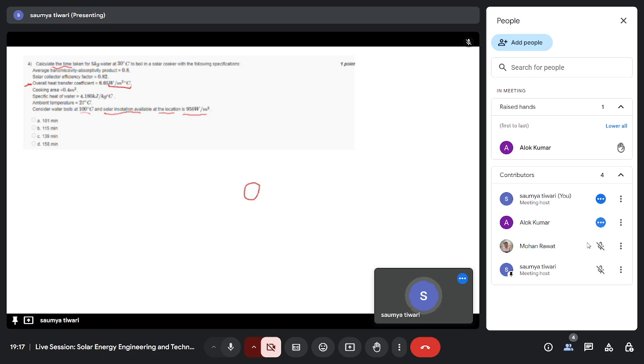Basically the thermodynamics and heat transfer aspects have been discussed in detail. So this particular thing is not in the scope of this course.